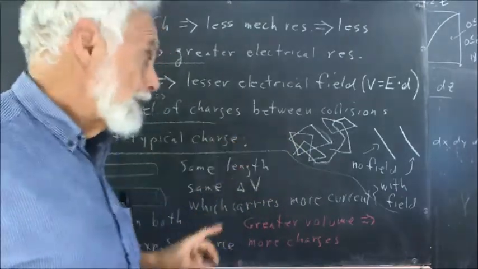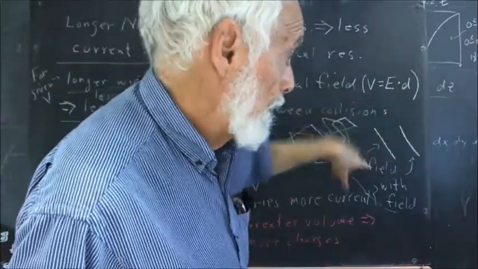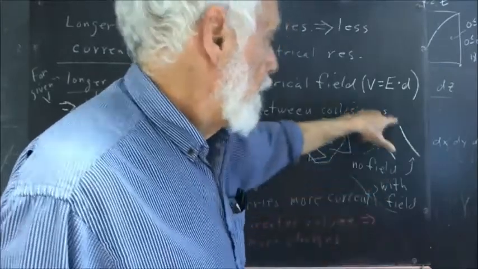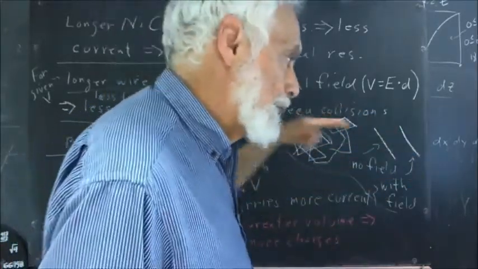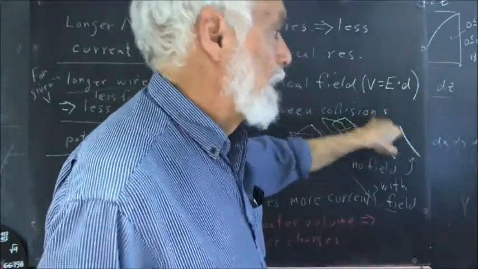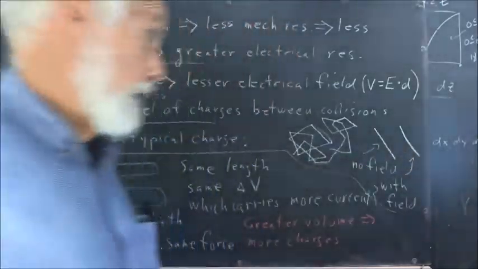Now, if there is an electric field, then instead of a straight line path, which you'd have with no field between collisions, you're going to have a curvature. If the electric field is accelerating your charges in this direction, then you're going to have a parabolic path between collisions.